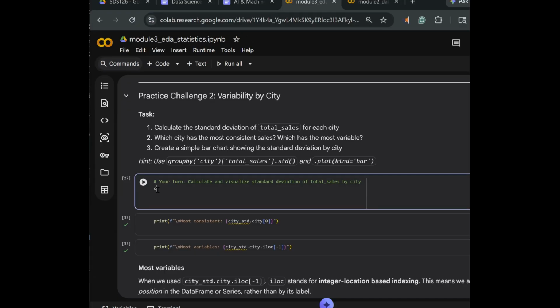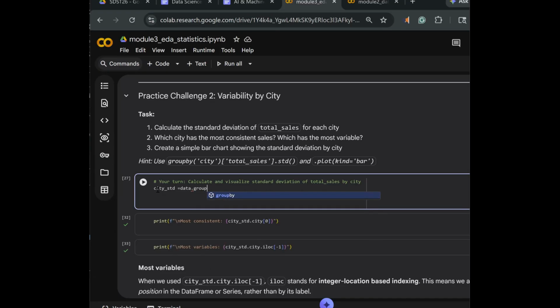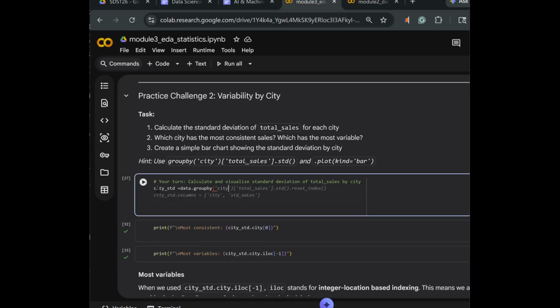So let's just say this is city standard deviation, SCD, and we want to group it by data dot groupby. What do you want to group by? I want to group by city, right? Yeah, by city.